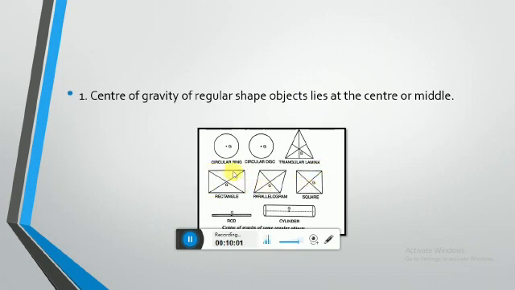Mark two ends of the rectangle, this end or upper, whatever the end, and hang it vertically. Draw one line. Similarly, hang the other end of the rectangle with a plumb line. After hanging, draw both lines. These lines will intersect at the center. So the center of the object is actually the center of gravity in regular shape objects.